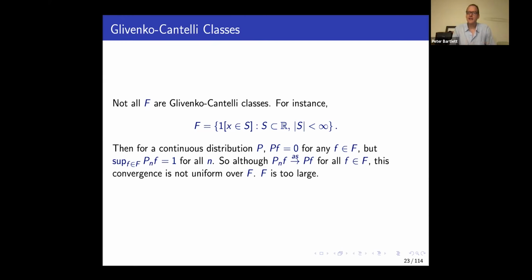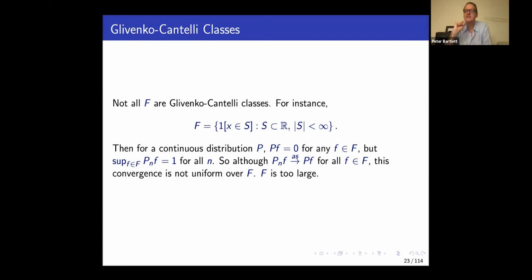So that function has a sample average of 1, but every function in the class has an expectation of 0. For any particular function, of course, we're just not going to hit the finite set of points where it's non-zero.